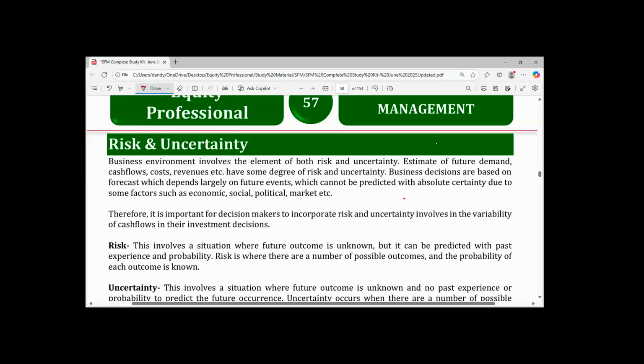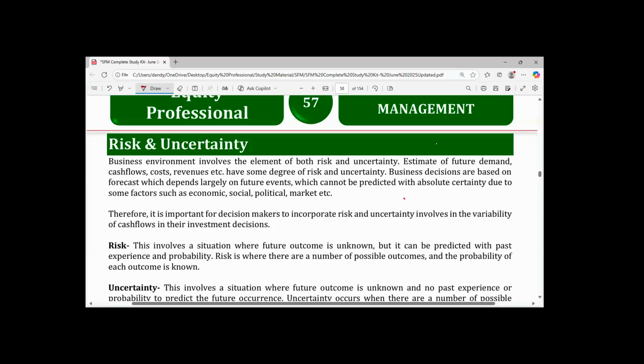That's why it is essential for any decision maker to incorporate the element of risk and uncertainty involved in the variability of cash flow when carrying out an investing decision.